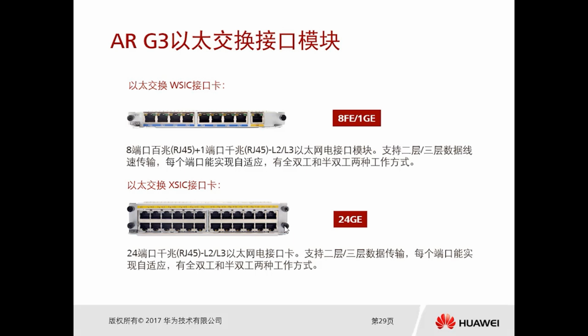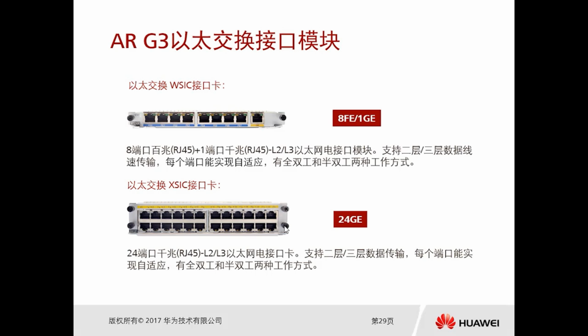What about the interface modules for Ethernet switching? Similarly, they are divided into these categories. So let's first take a look at the WSIC interface card and XSIC interface card. The main point is about this difference. What are the differences? It's just a different interface that is provided.